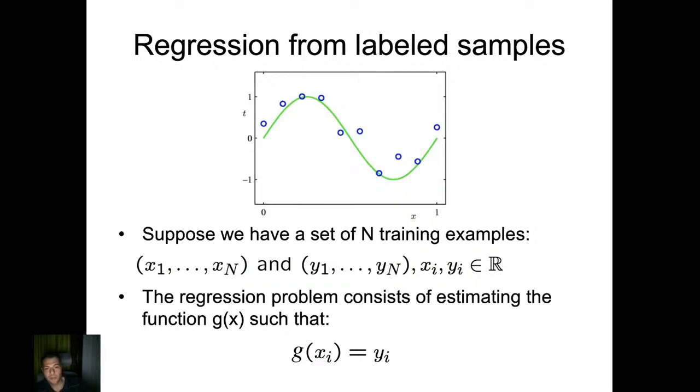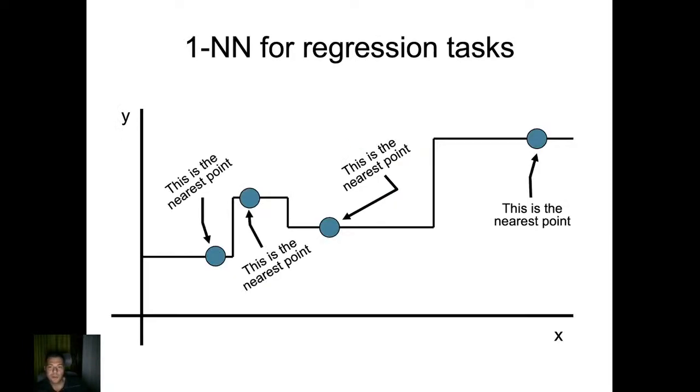So going on, as I said before, you can also apply the k nearest neighbor to solve regression problems. So you just consider predicting the label for the nearest data point. So for a one nearest neighbor problem, your predictions will look something like that. So the regression space is divided between different training points.